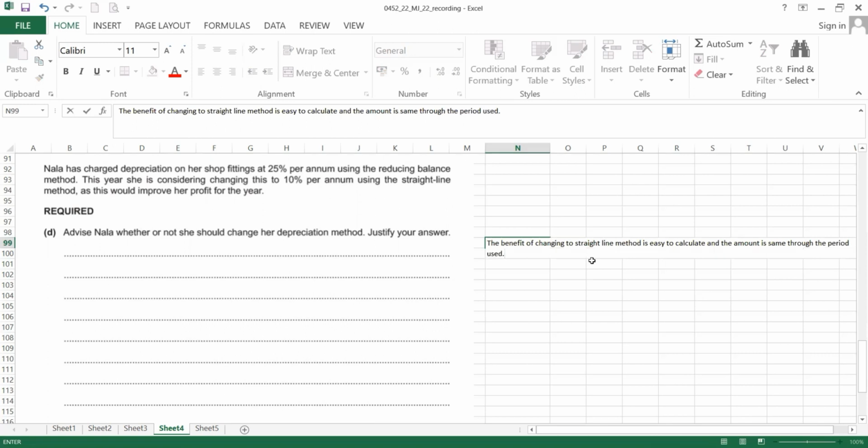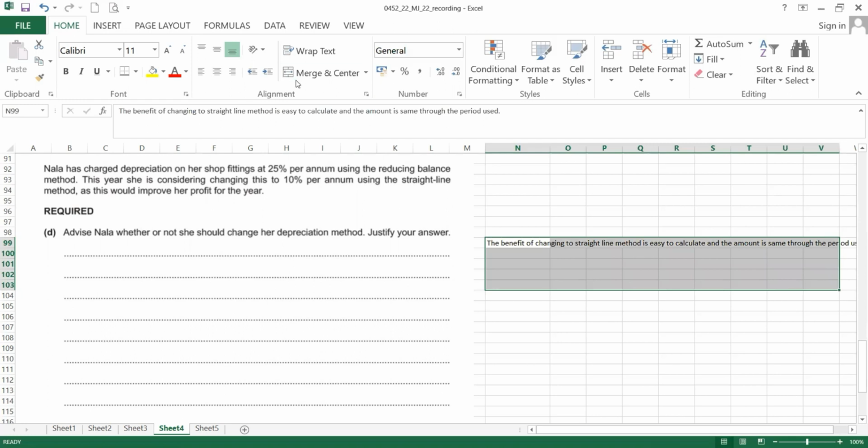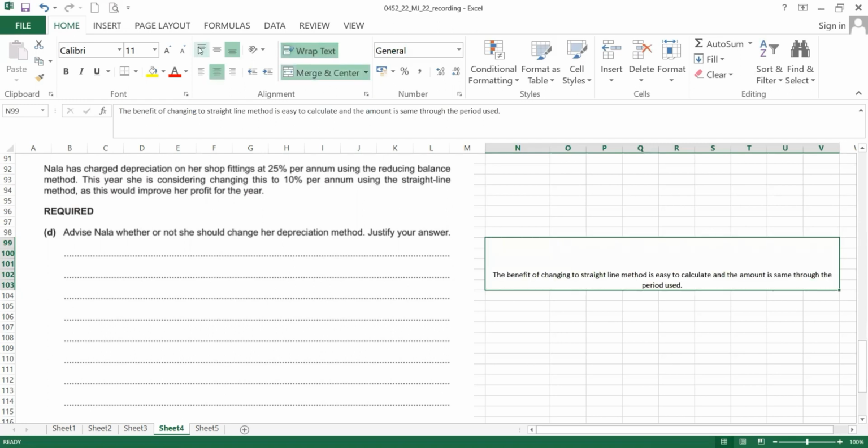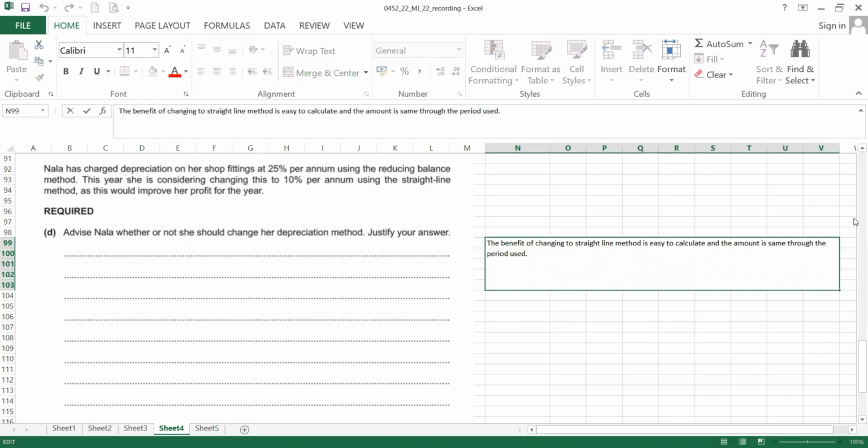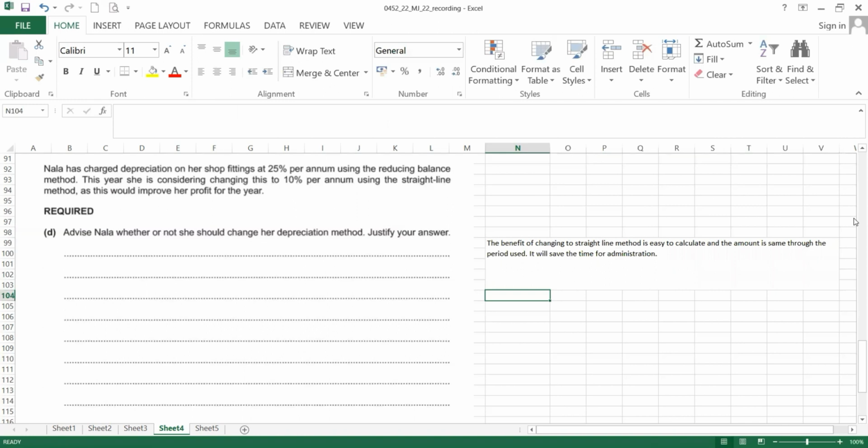All the while the amount is the same, you don't need to keep on calculating the depreciation. So this will save the time for administration. So this is a benefit that she will get. Okay, let's move on.